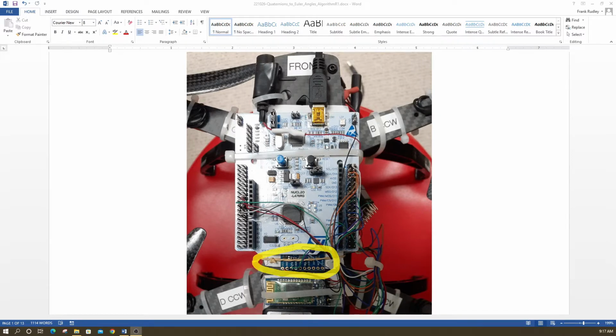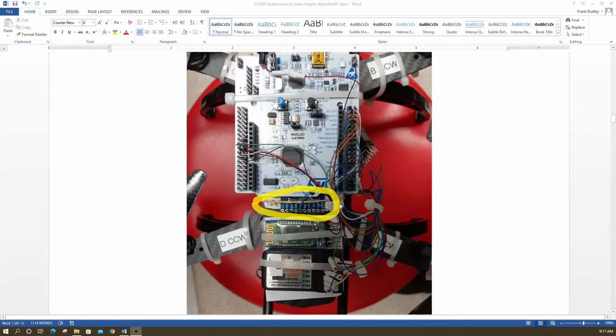This is my flight control computer, and over here is the MPU 9250. You can see it's hidden here, but I do have the x-axis lined up in the forward direction, and my y-axis would be going out here. Actually, the y-axis is opposite, but the standard convention is to make the y-axis come out of the right side.